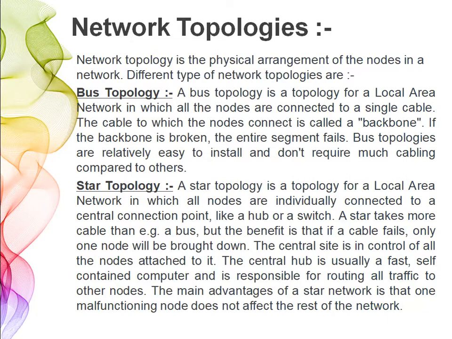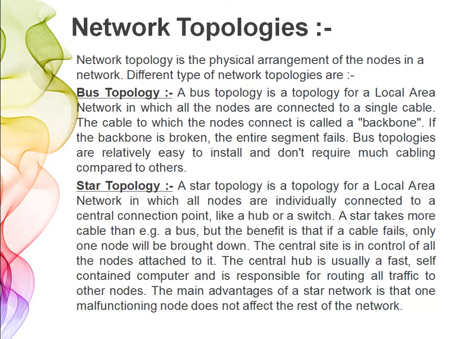Bus topologies are relatively easy to install, and they do not require much cabling compared to others, because you have to use only a single cable, and that single cable is shared by all the devices in that network.